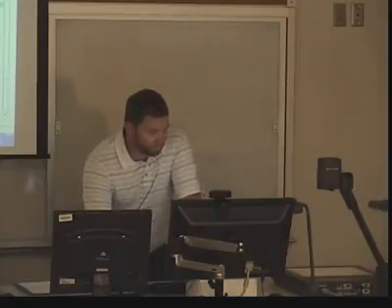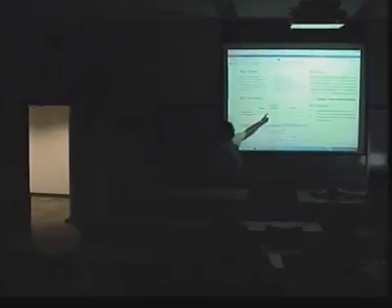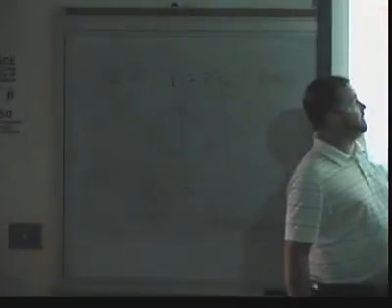Key terms. Biased estimate. Remember, if the sampling statistic is not equal to the population parameter, we say that it's biased. Right? These two things have to be equal for it to be unbiased.